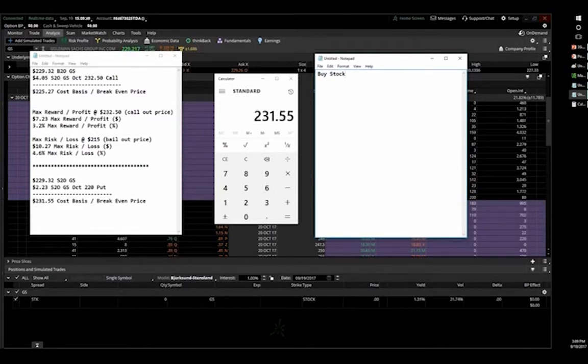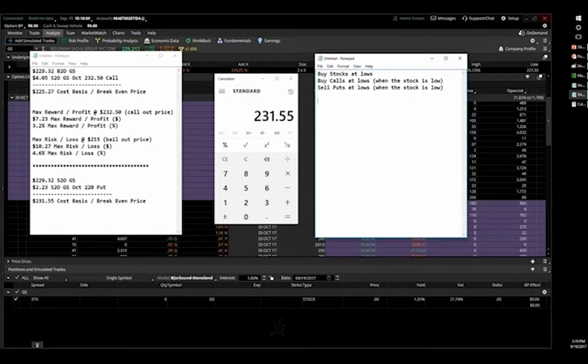We like to buy stocks at lows. We like to buy calls at lows, and that's when the stock is low. And we like to sell puts at lows. Puts are at lows when the stock is low, because puts work backwards.